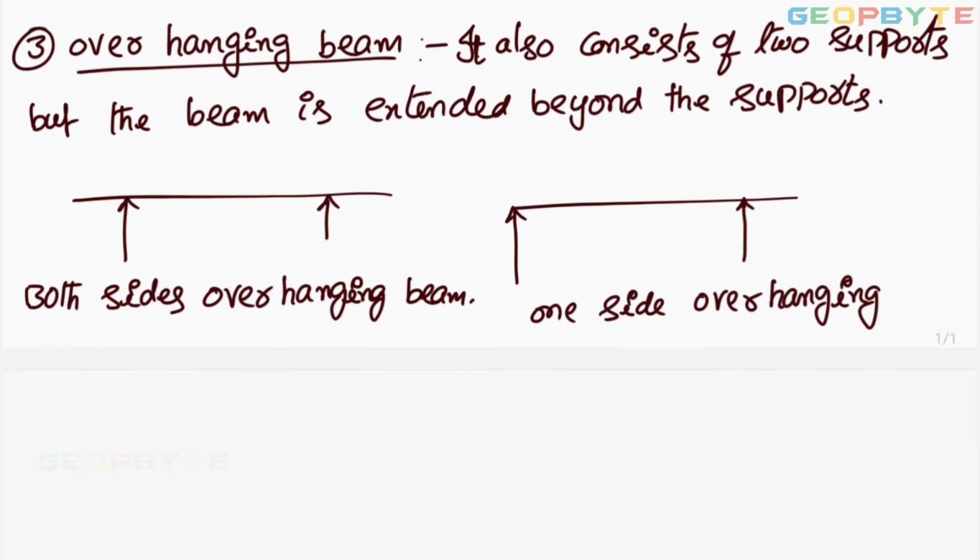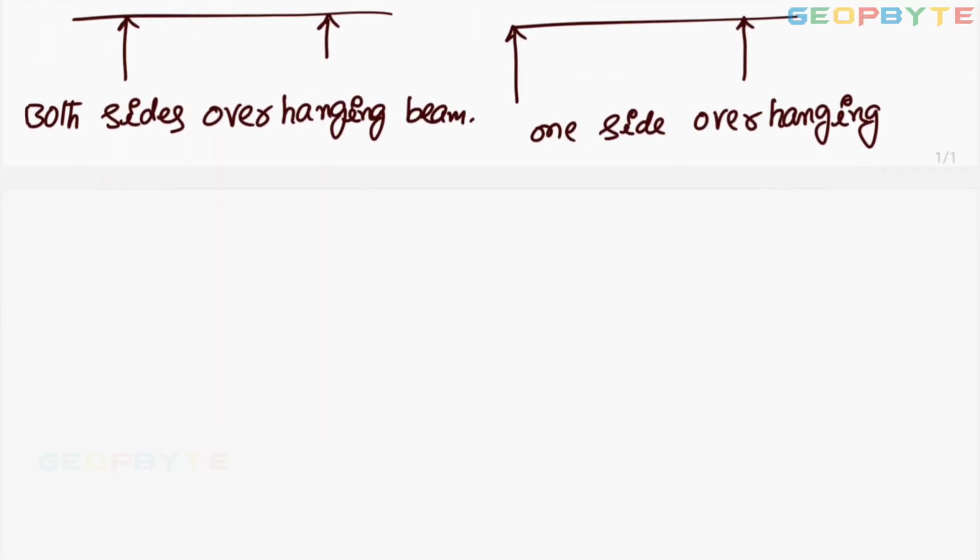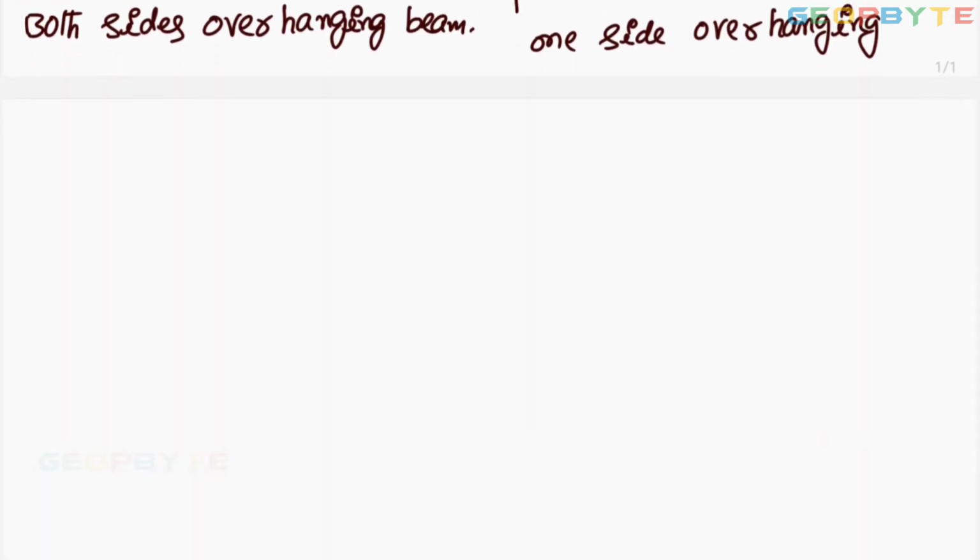Now come to the next kind of beam, fixed beam. It is fixed between the two fixtures.